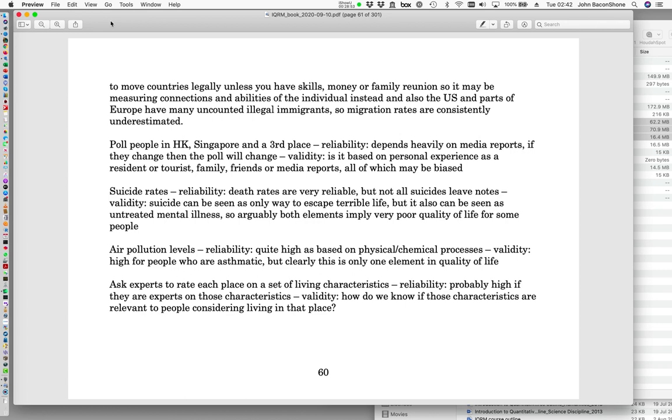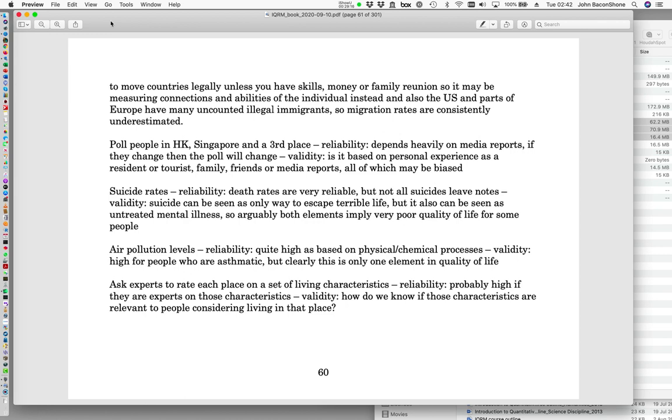So lastly, the typical things which governments do is they ask experts to rate different places on a set of living characteristics. So you'll see all of these things reported in the paper saying, Hong Kong has the freest economy. I think Shenzhen has the most innovative city economy in Greater China, and so on.